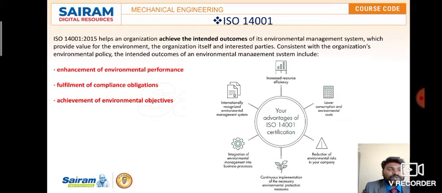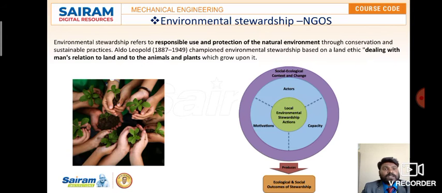All these things will be centered around this ISO 14001 certification. So these are the advantages of ISO 14001. The main thing is that we have to understand the outcomes. What are the different outcomes that we are going to get through this?